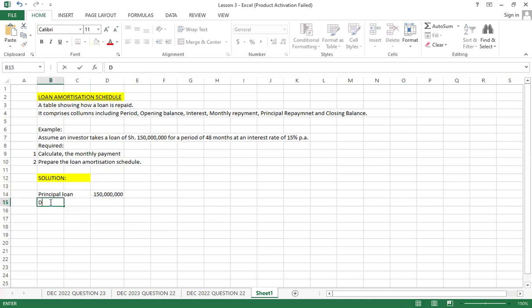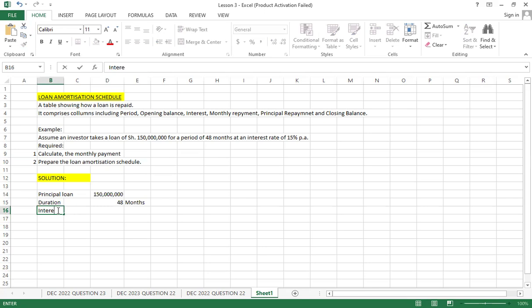Then we are told the duration is 48 months. In other words, the investor should repay that loan within 48 months.